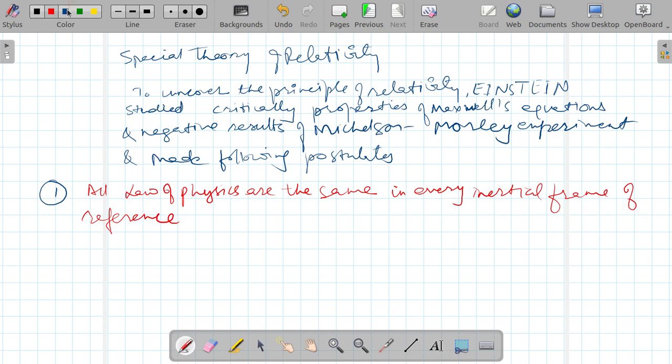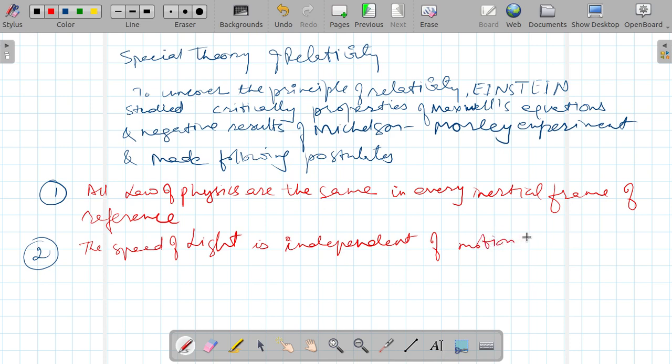And the second postulate is that the speed of light is independent of the motion of its source.